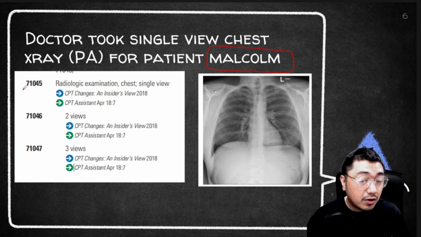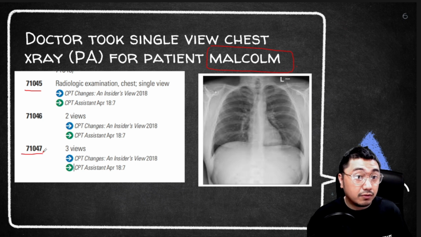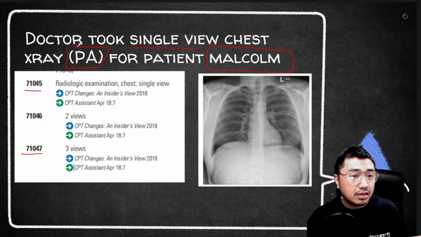You have the following codes from 71045 to 71047. It's mentioned here clearly that it's a single view chest x-ray. It's mentioned here PA. PA stands for posterior anterior, so it was taken from front to back. That's going to be the view.